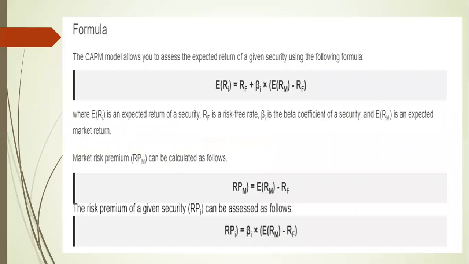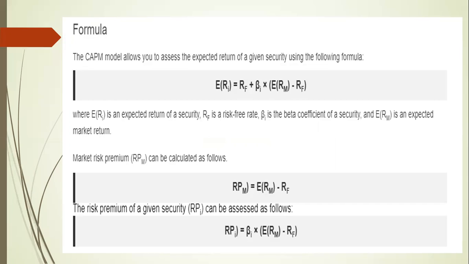Now, if you look into the formula, the expected return is equal to RF plus beta into expected return of market minus risk-free rate of return. So ER represents the expected return, RF is the risk-free rate, beta is the coefficient of the security, and expected RM is the expected market return. When it comes to the market risk premium, it can be calculated as follows: expected return of market minus risk-free rate.